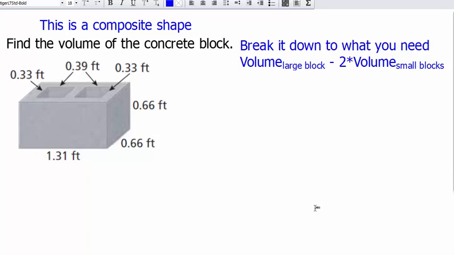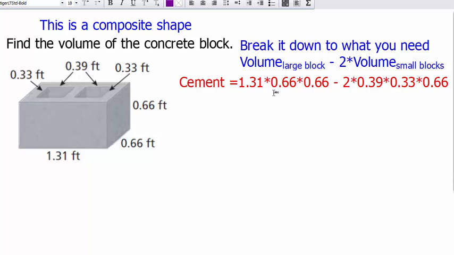We have a hole. We actually have two holes in this case. So we're going to find the volume of the larger shape, because I can find the entire volume of this, because I have dimensions for those. Then I notice that the two holes that come in here are exactly the same dimensions, so I'm just going to say 2 times the volume of a small block. That's going to get me both of them.